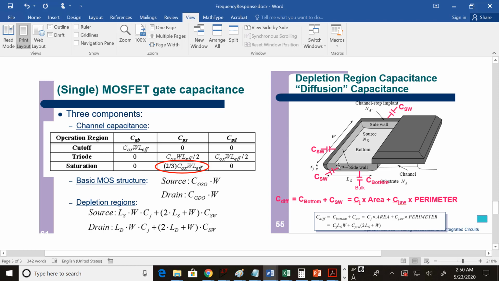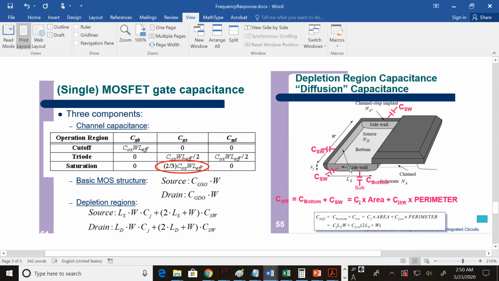And the way you do that is you have 2 sidewalls and 1, I guess, width. And so you take 2 times, since you have 2 sidewalls, 2 times LS. And then you have this one side on the side it's not under the gate, that's W. And you add those together.